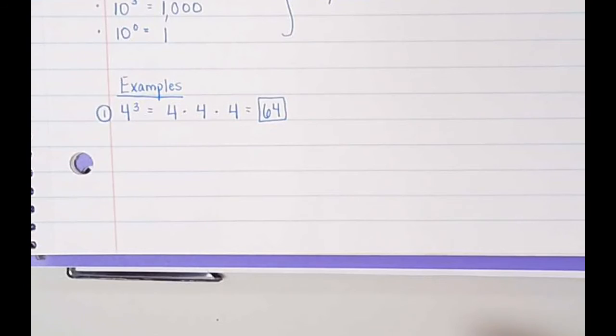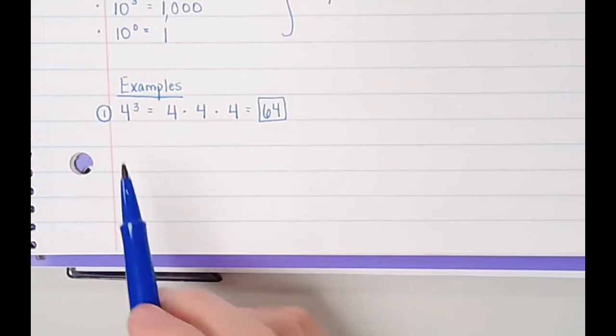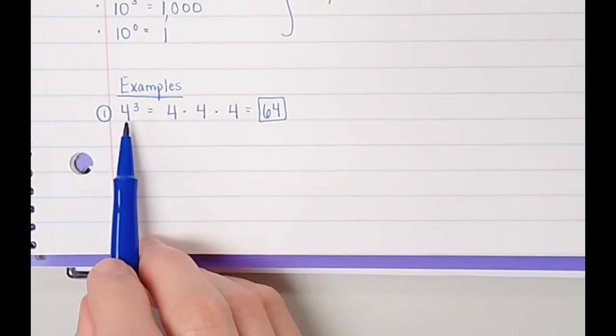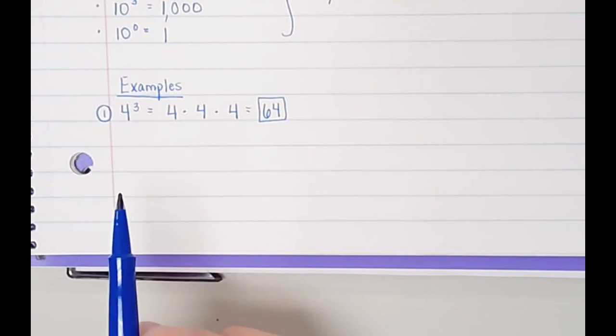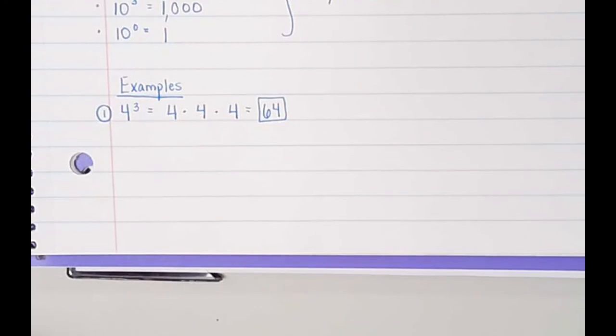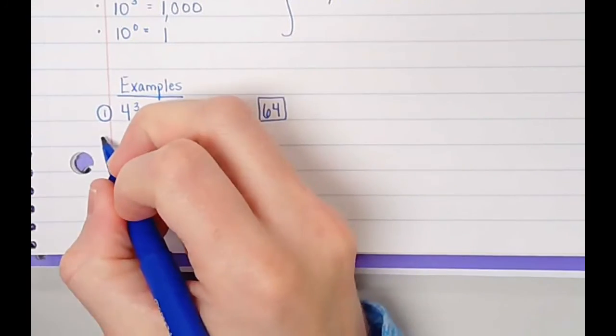You won't have ridiculously big numbers when you're doing exponents, so don't worry about that, but I am totally okay with using a calculator to help you solve some of these. You can do it with decimals and fractions, like this number right here could be 4.2 to the 3rd power, but for right now we're keeping with the basics of just doing whole numbers, so don't be surprised when we do bring that out later.